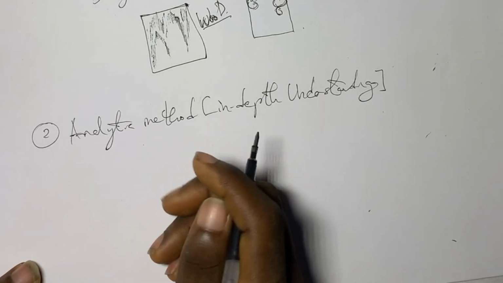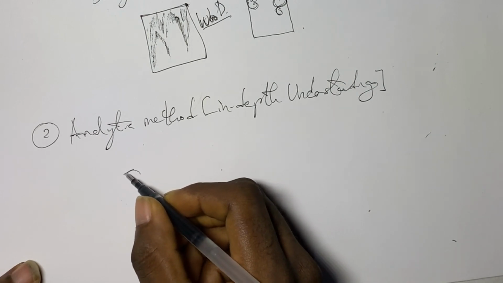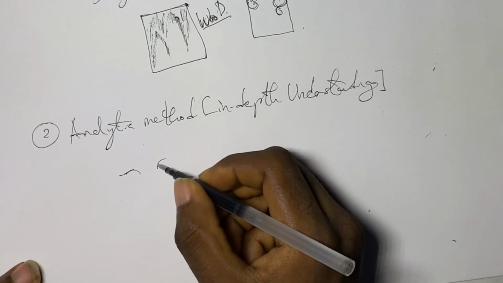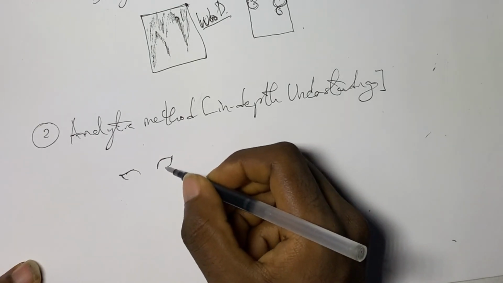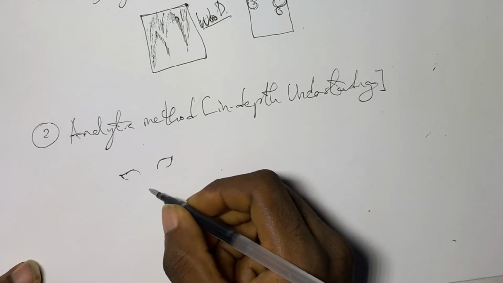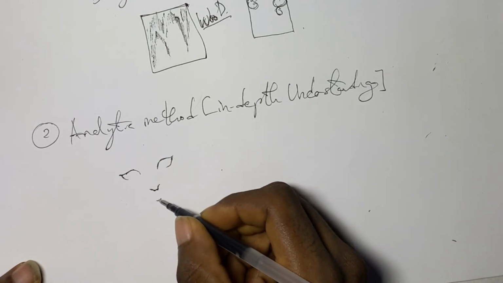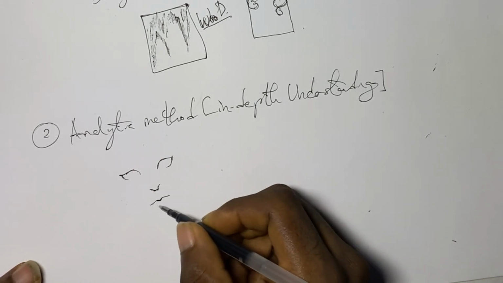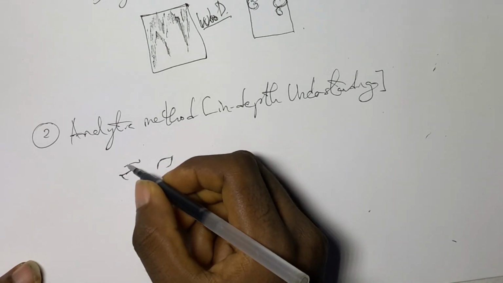For example, if I wanted to draw a character, I can draw the character without actually taking a look at any reference. I can actually draw a manga without any reference. I can draw a lot of things without the reference at hand. That's a good reason to use the analytical method, which requires you to understand things very, very deeply. There are a lot of things I can't actually draw because I've not studied them before.